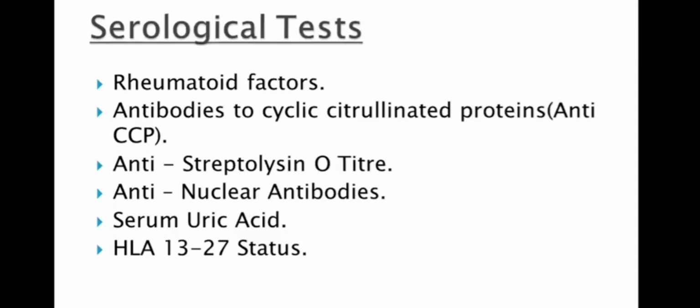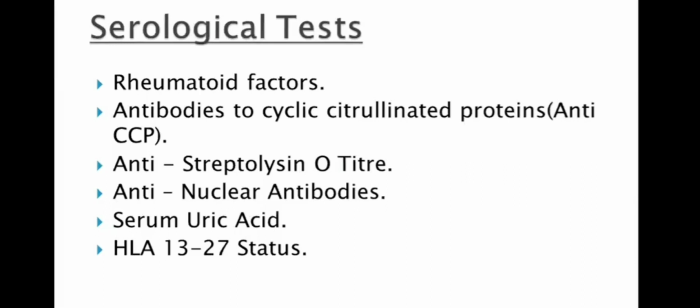And comes the most important test, anti-nuclear antibodies. One thing, the normal values, you can either refer to the test books, or you will get them in the lab report itself. Why?